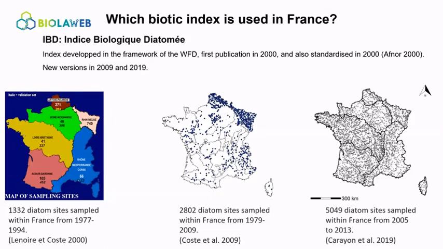And same story, so it was 4 years ago, this time with 5,000 Diatom samples. So now we have really a robust index, at least for French rivers.